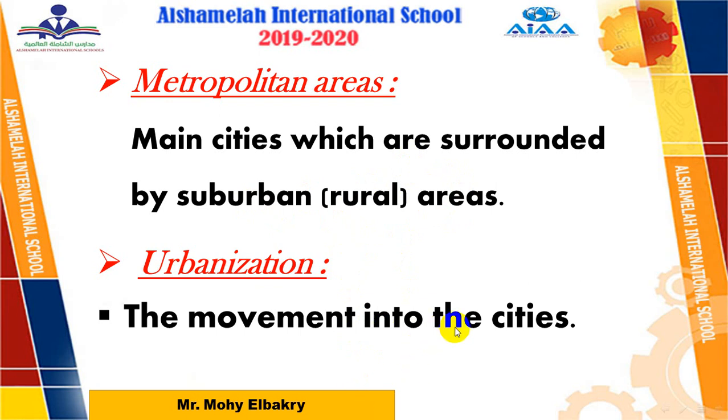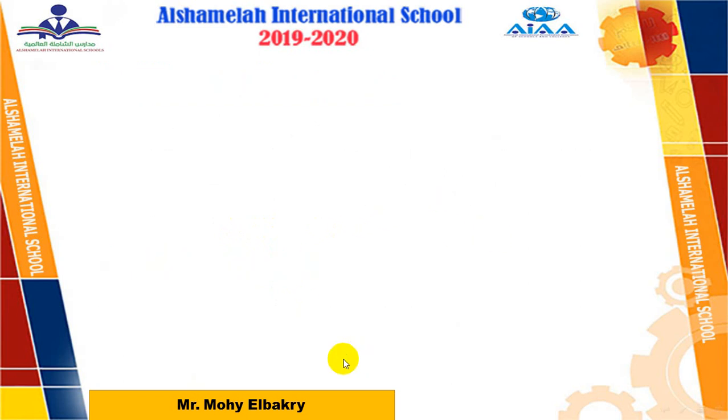Because in the city there are a lot of opportunities for work. People come to live in cities to live and work. So the number of population increases in urban areas because people move from suburban or rural areas and live in urban cities. Okay? Yes.